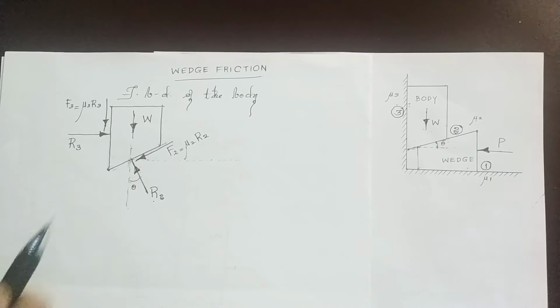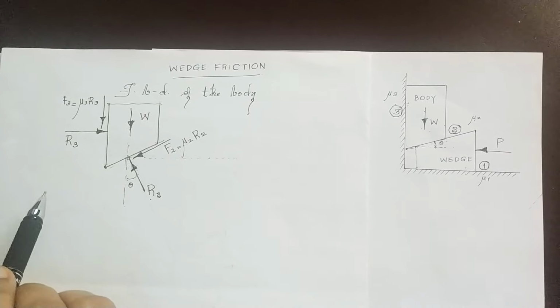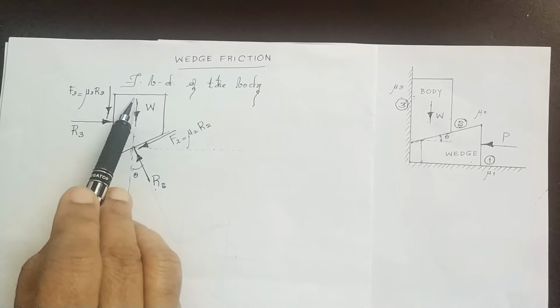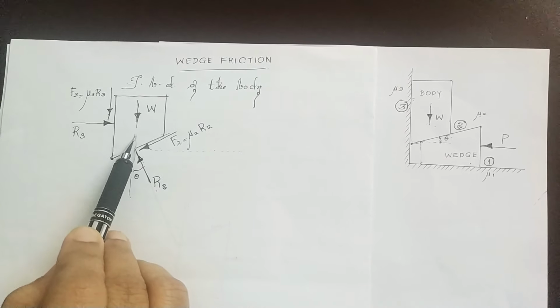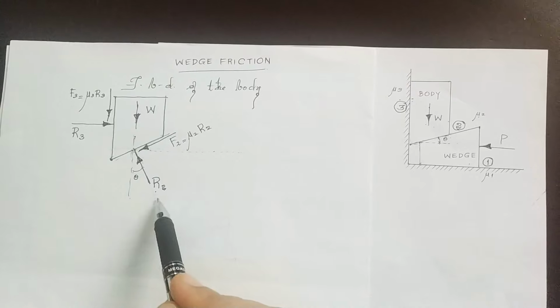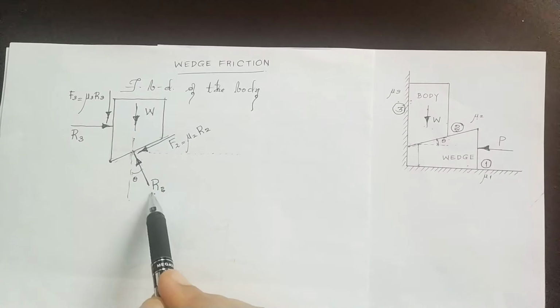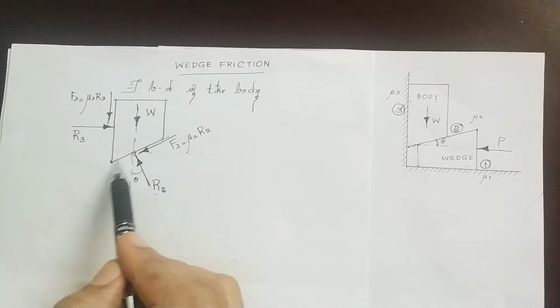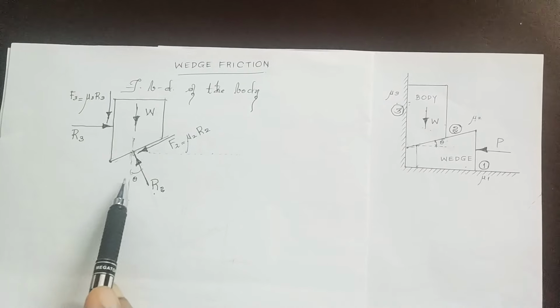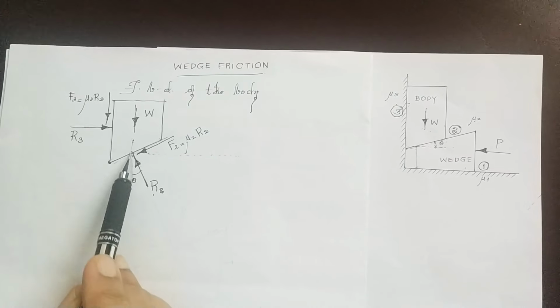So we have drawn all the forces acting on the body here. What are those? We have the self-weight acting vertically downwards. We have the normal reaction R2 along surface number 2, perpendicular to the inclination, or rather at an angle theta with the vertical.